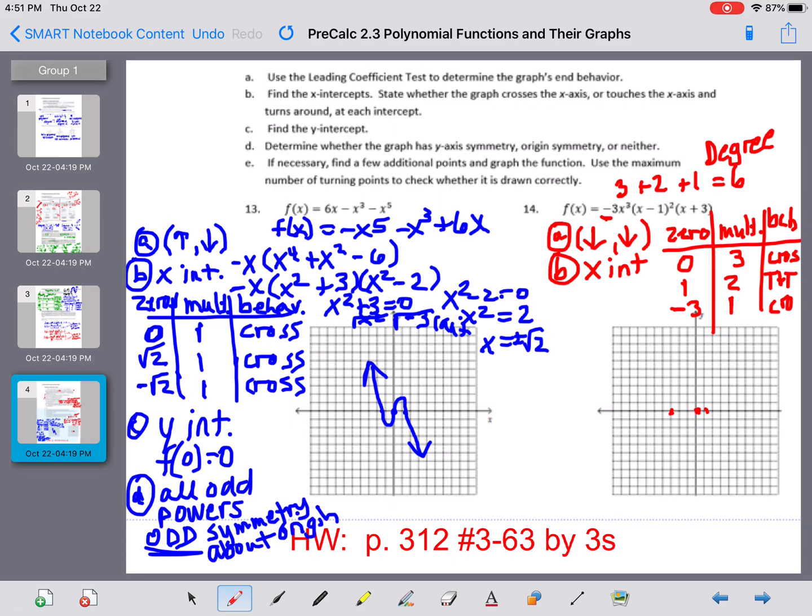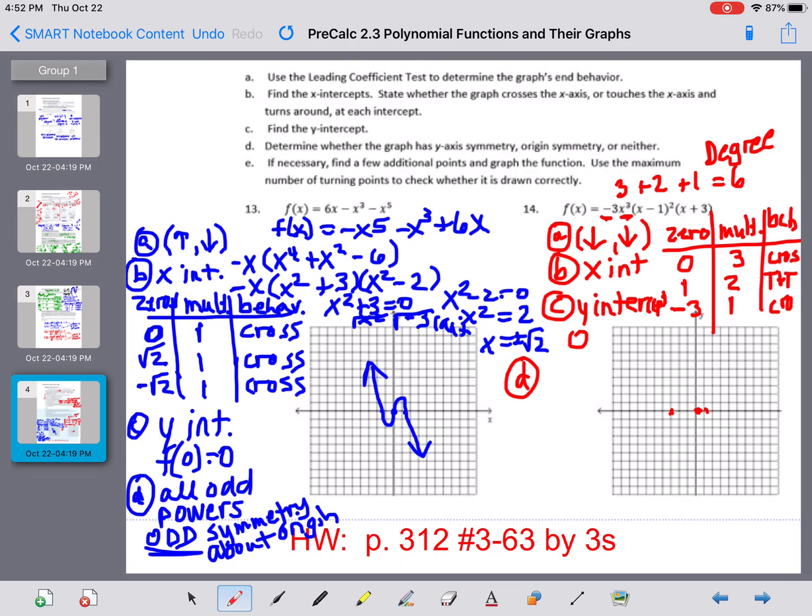Okay. So let's see, y-intercept. If I plug in 0, well, as soon as I plug in 0 there, everything's going to multiply and get 0, so I get a 0 again, which makes sense. Okay. For D, is there symmetry?